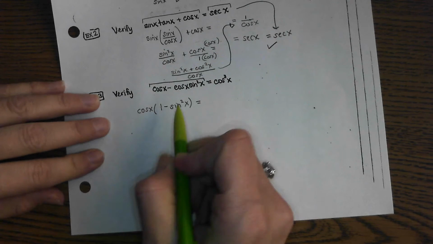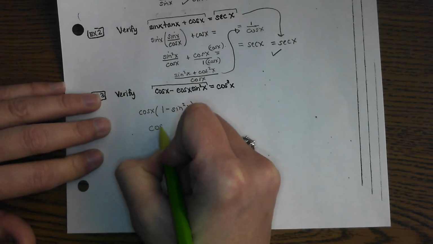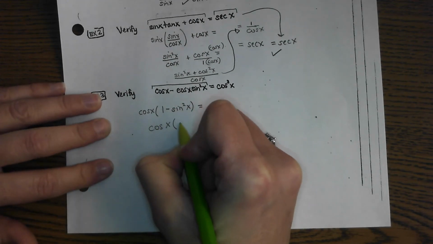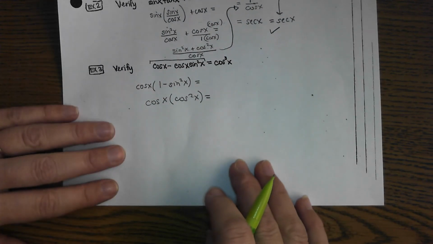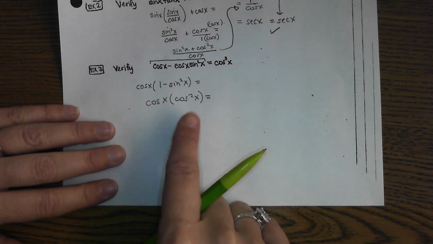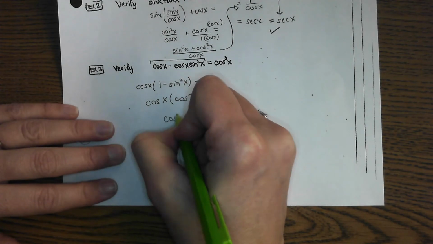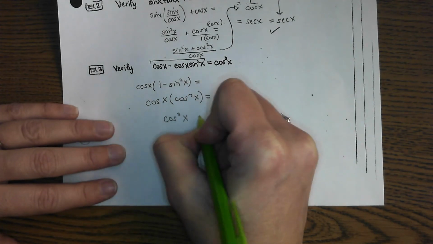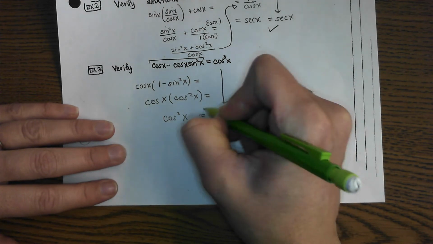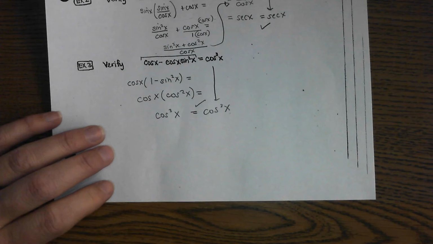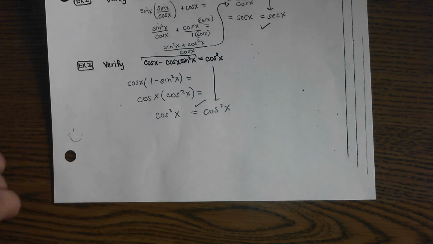So this 1 minus sine squared can now be turned into a cosine squared. And then cosine times cosine squared is cosine cubed. And again, I don't have to touch the right-hand side. It's done. Okay?